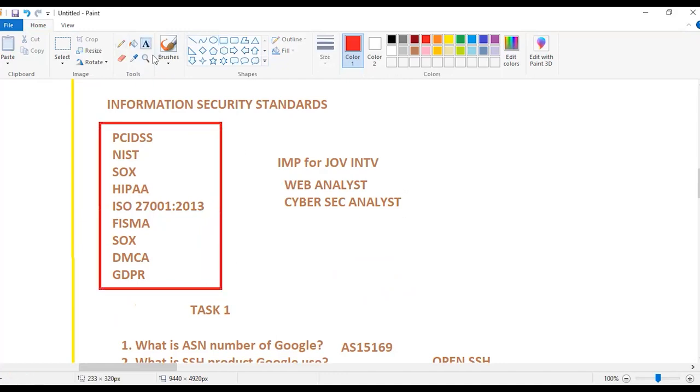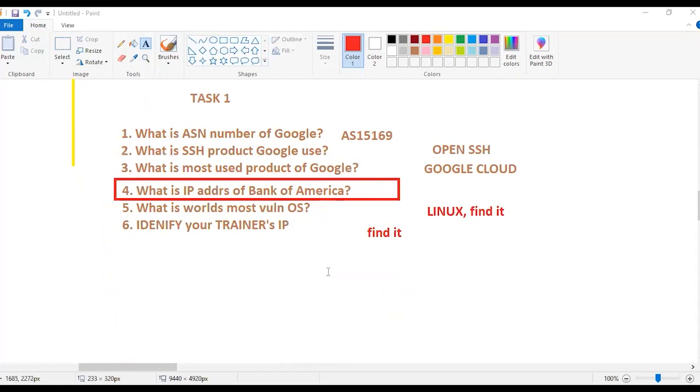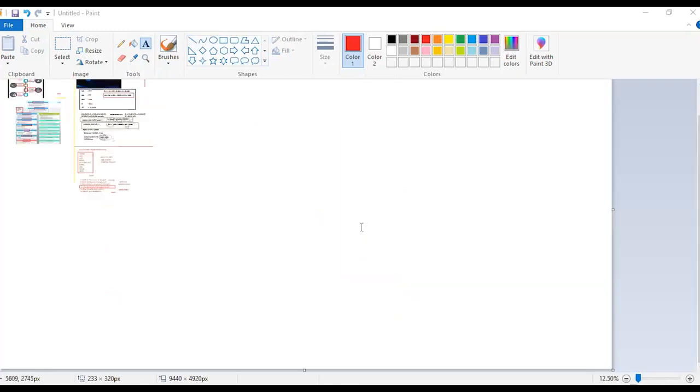I've not written the abbreviation for that. A little bit of homework from your side. Don't be fully dependent on me. Okay, sir, I have traced out the American Bank IP.